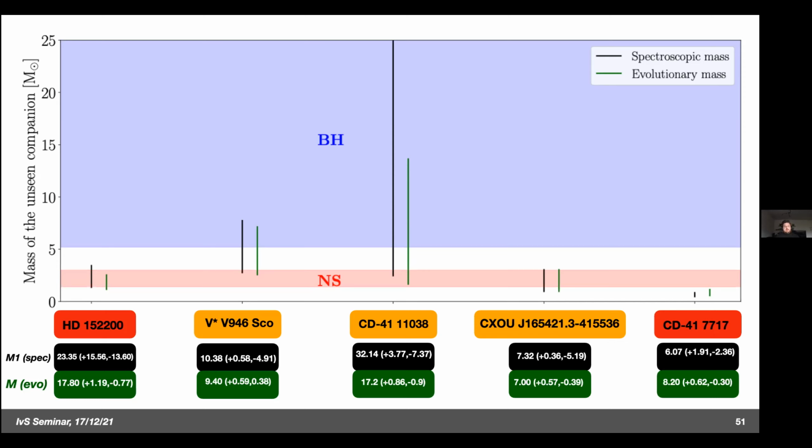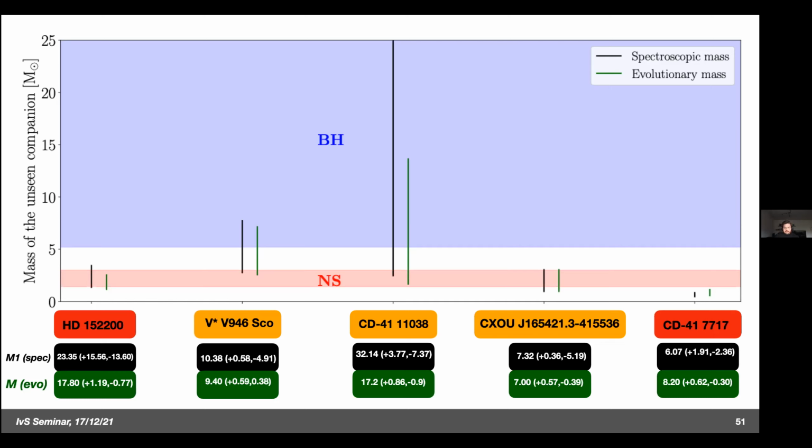So now we know what potential unseen masses this star could have. We now need to see through detailed simulations whether we can hide a couple solar mass star in the spectrum of HD 152200. However, the most promising candidate amongst these five for harboring a black hole is CD-41 11038A.